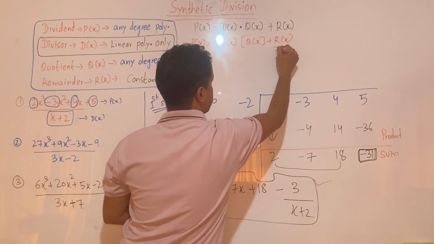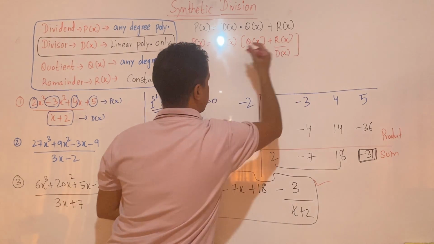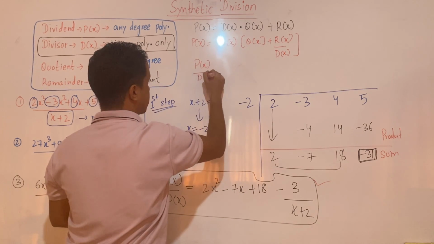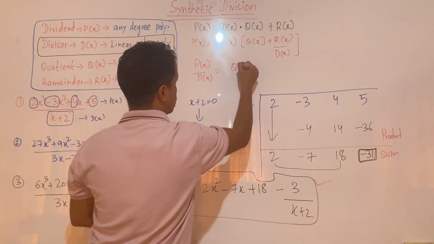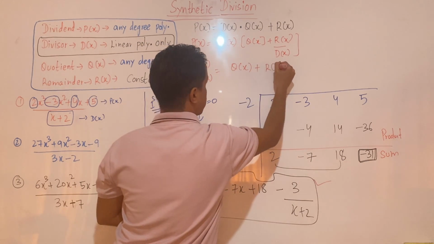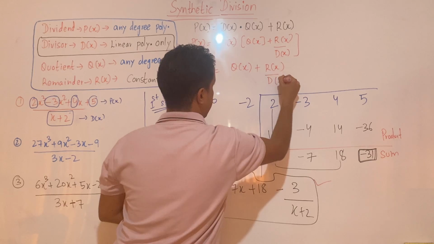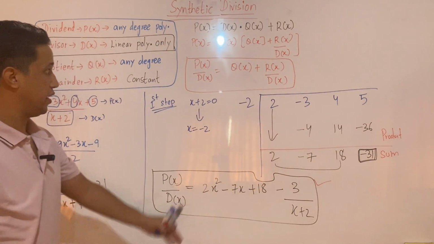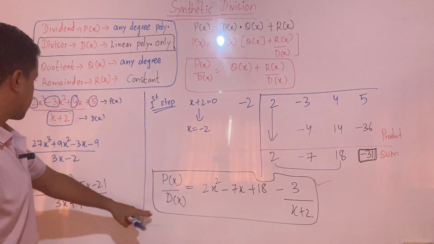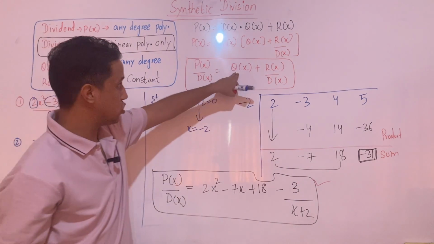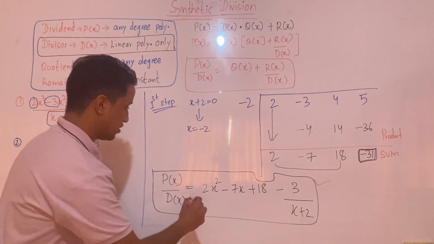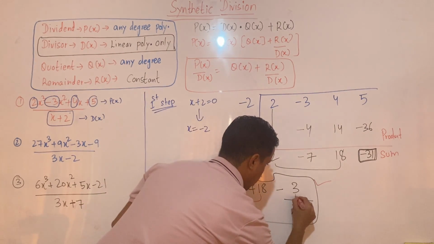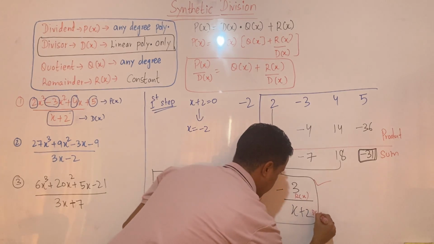Taking the divisor common, Px by Dx is equal to Qx plus Rx by Dx. This is your Qx, this is your Rx, and this is your Dx.